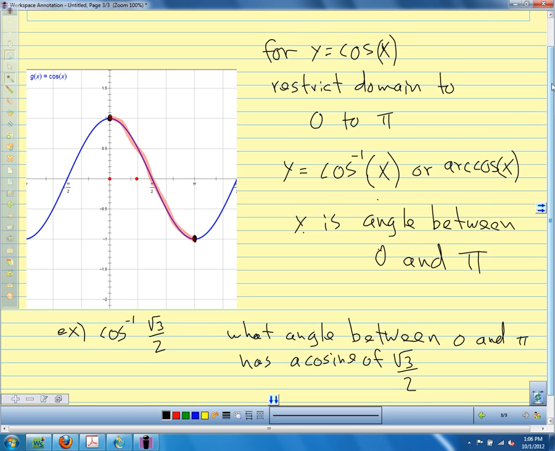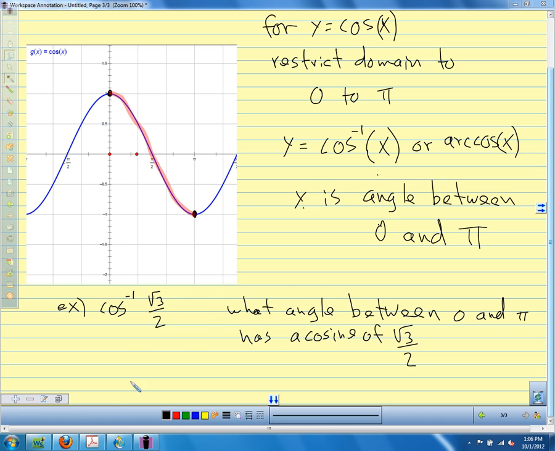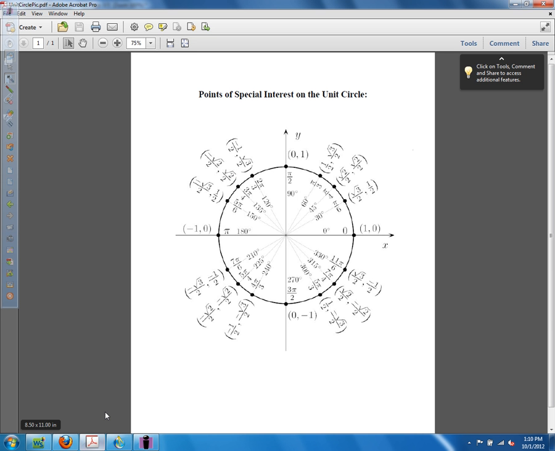So this is a unit circle question. So I go to my unit circle, and the cosine of my angle on the unit circle is the x-coordinate. So I say what angle has an x-coordinate on the unit circle of square root of 3 over 2? Pi over 6, or 30 degrees.